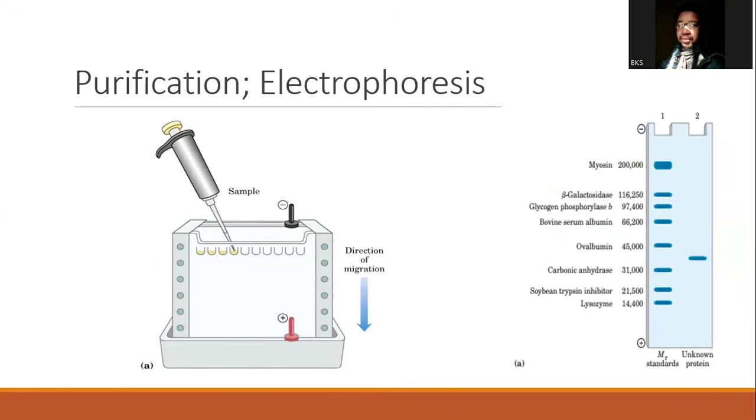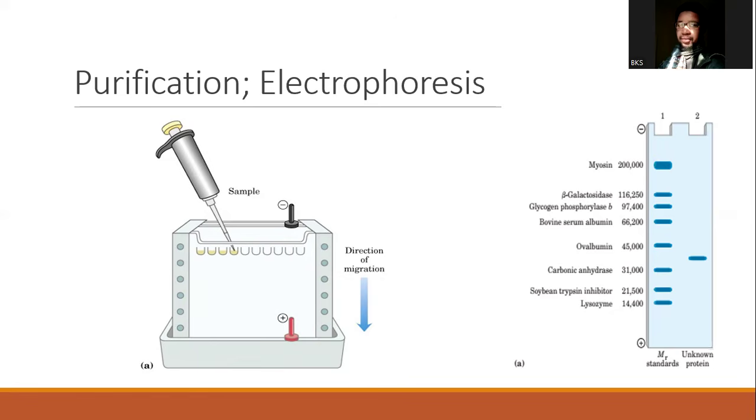You can also purify through electrophoresis. In most cases, you do column chromatography first. After the column chromatography, what you expect to be your protein of interest, you can take it and run a gel. Maybe you have an idea of the size of this protein. When you run the gel, you have a marker, so you will be able to know whether you've actually isolated the protein of interest.